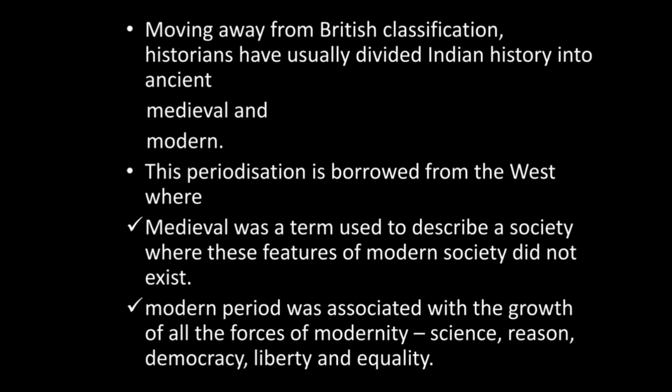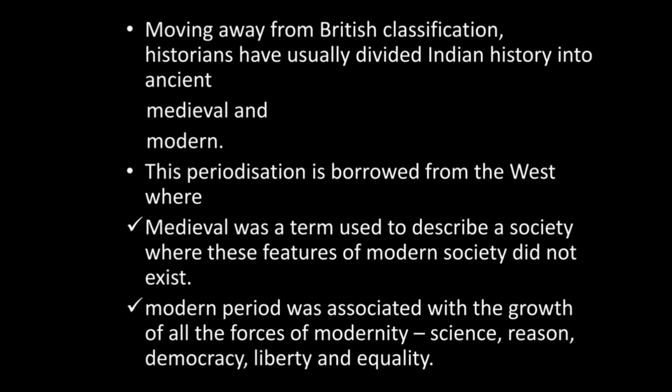So, as the periodization of James Mill failed to please many historians and many people, moving away from that classification, many historians have usually divided Indian history into ancient, medieval, and modern.